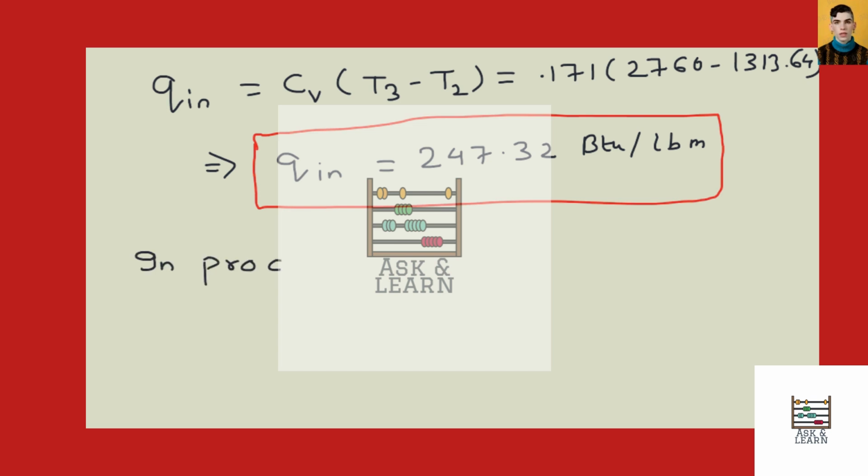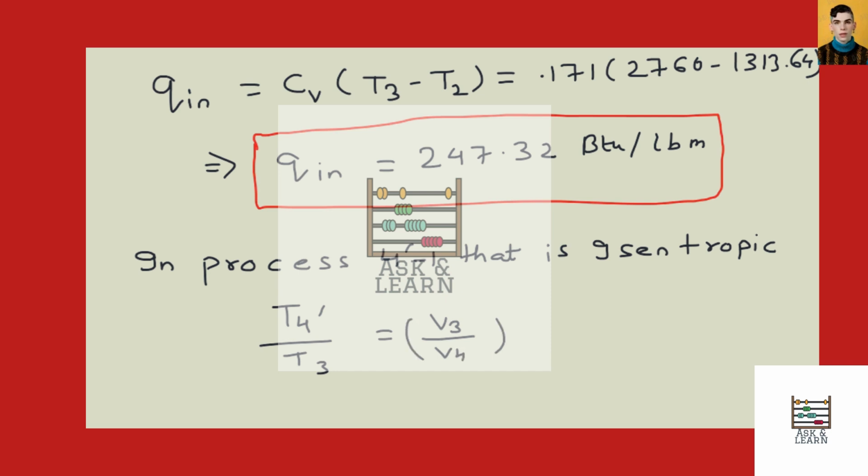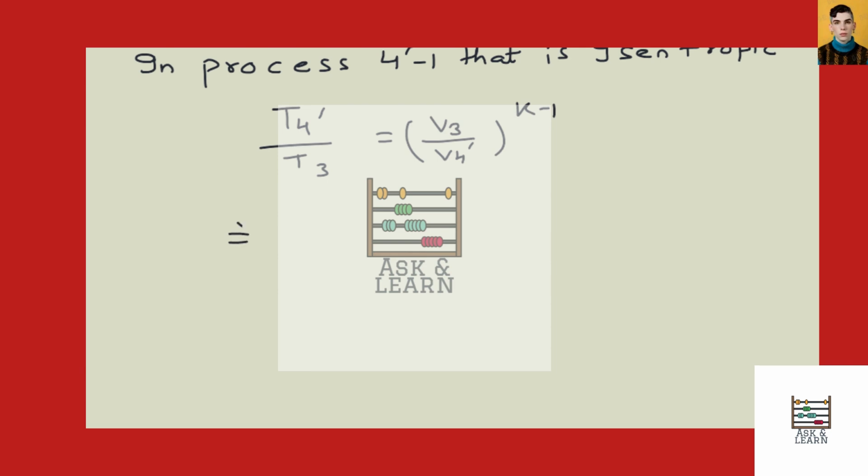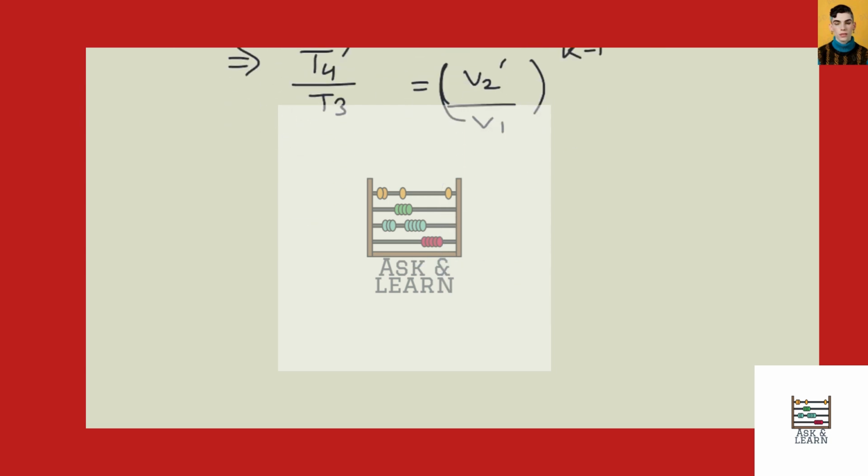Now in process 3 to 4 dash, that is an isentropic process, so T4 dash by T3 is equal to V3 by V4 dash whole to the power k minus 1, or T4 dash by T3 is equal to V2 by V1 whole to the power k minus 1.